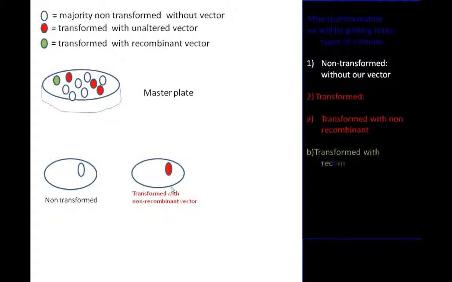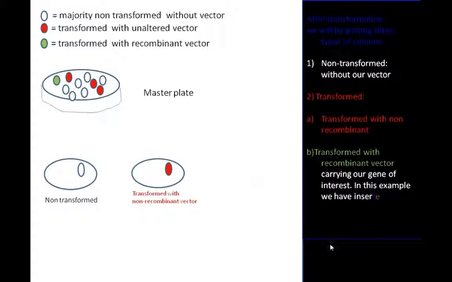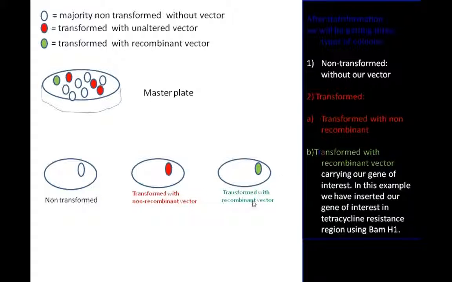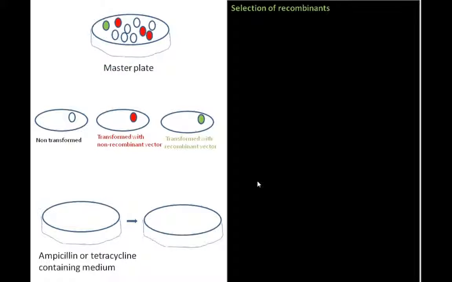And the third class, that is transformed with recombinant vector, the one which has our gene of interest incorporated. Now how do we select our recombinant ones from all these colonies? Here comes the use of the selectable marker.